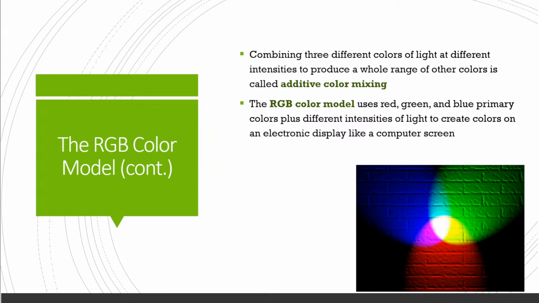But our RGB color model for digital color is the additive color mixing space, where we are producing a whole range of 17 million plus different colors based on the values that we can see in light, based on R, G, and B, red, green, and blue.